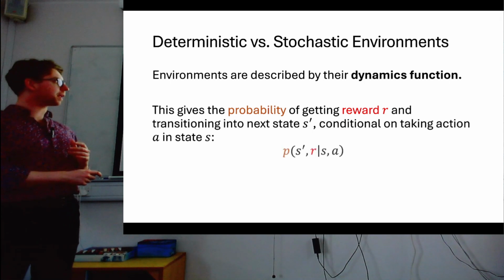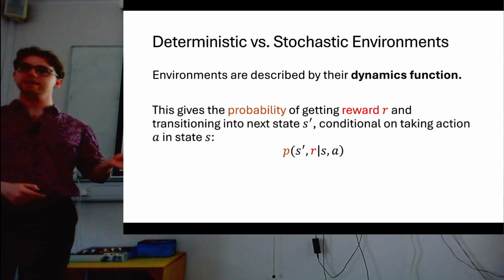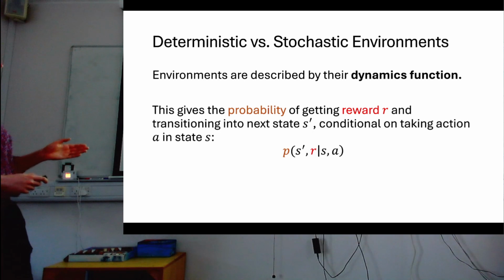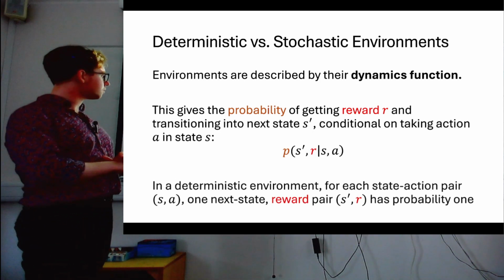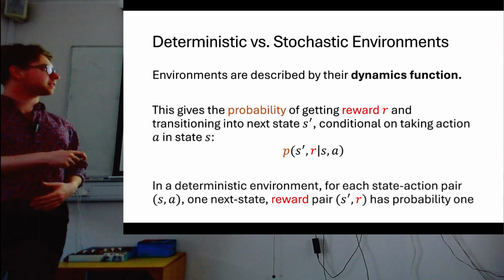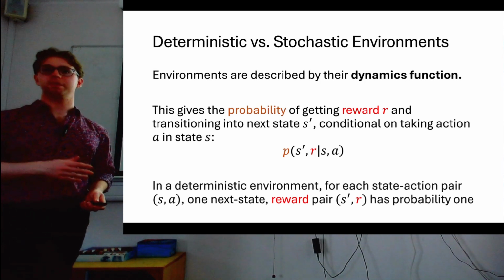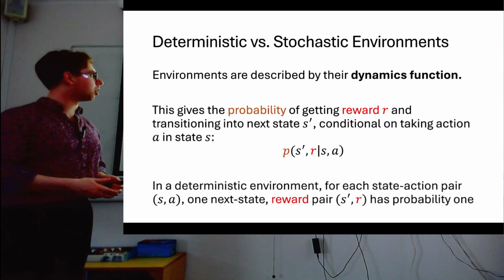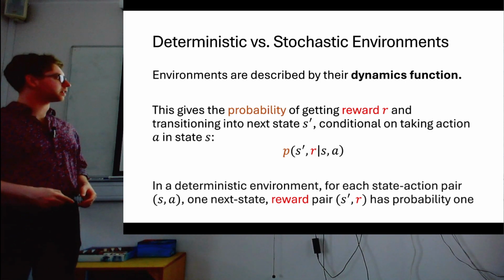This is the probability of ending up in a certain next state, S prime, and getting a certain reward, R, given that I start in a certain state S and perform a certain action A. In deterministic environments, this has support only for one next state-reward pair. So it's a degenerate probability distribution. It has support only in one place. You deterministically transition like this.